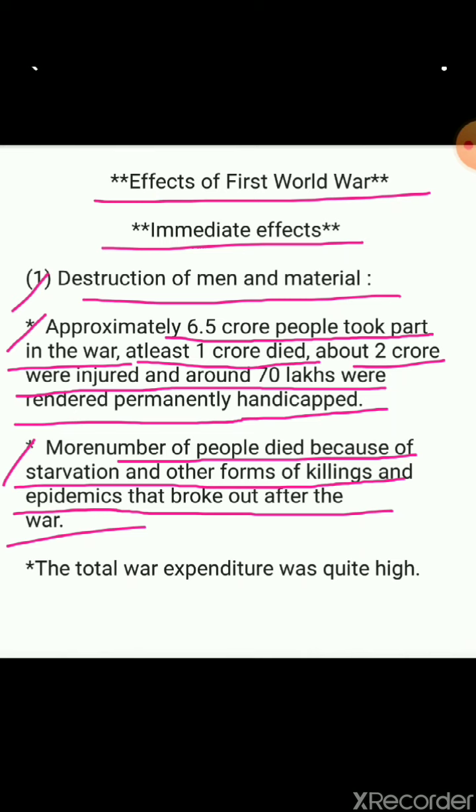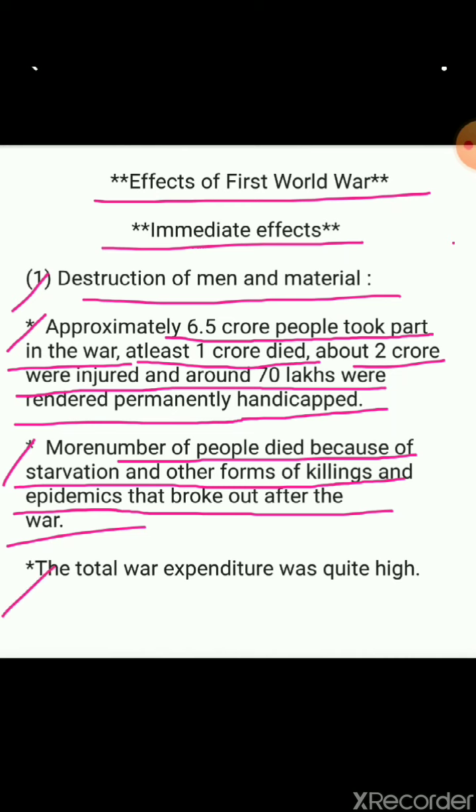Obviously, because all finances were put into the war. The countries in the war used their finances to produce more weapons and increase their armies, but did not think about what would happen after that. So starvation was seen, and people died because of it. Other forms of killing, like big epidemics, broke out after the war.